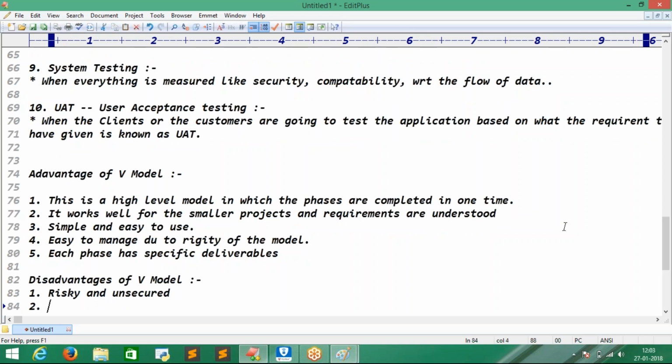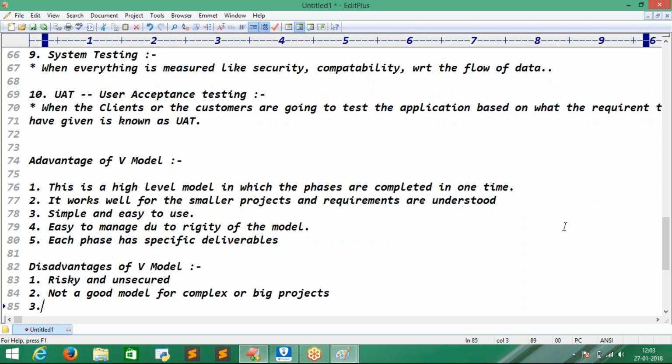Next, it's not a good model for complex or big projects. For long projects also it's not suitable. You cannot deliver software until late in the life cycle.